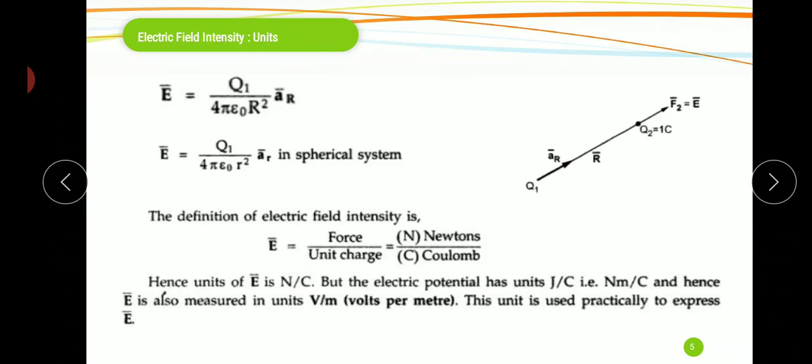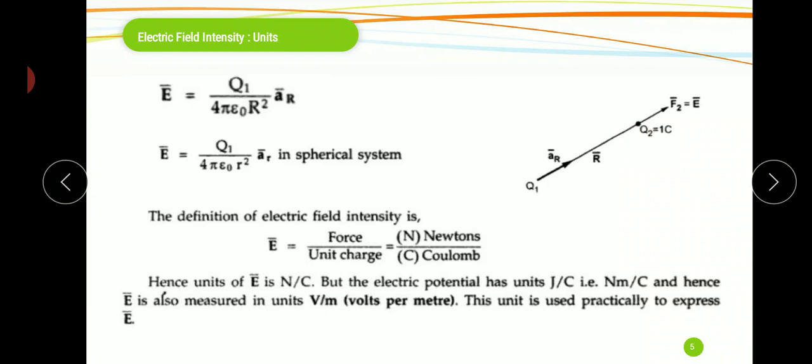Then what about the spherical system? When you take the spherical system, that means this is a sphere. For this sphere, the capital R is named as a small r.